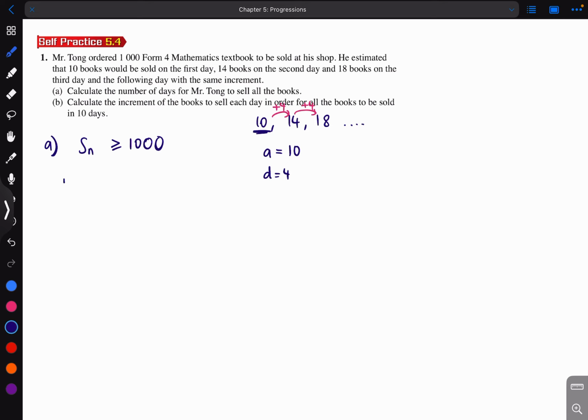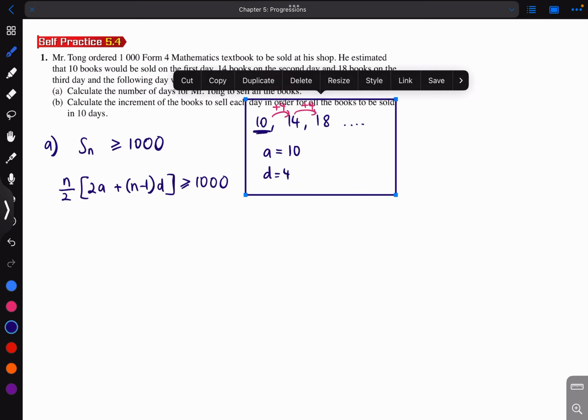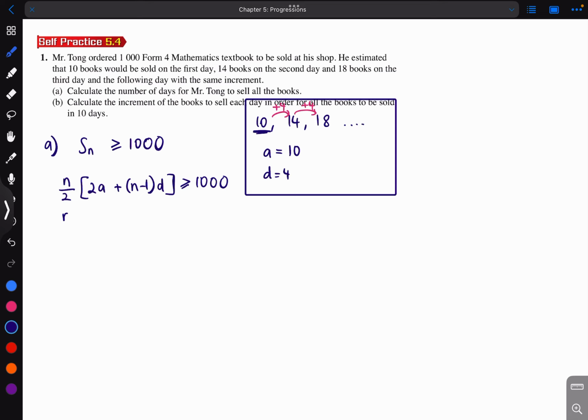Then we sub in the formula. This is the formula for arithmetic progression. Then we put in the values. So n over 2, A is 10, D is 4.